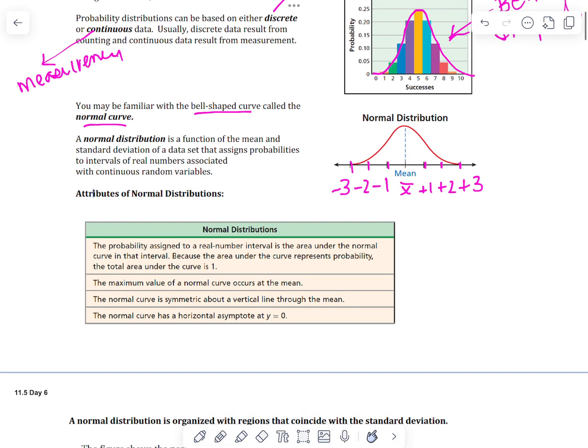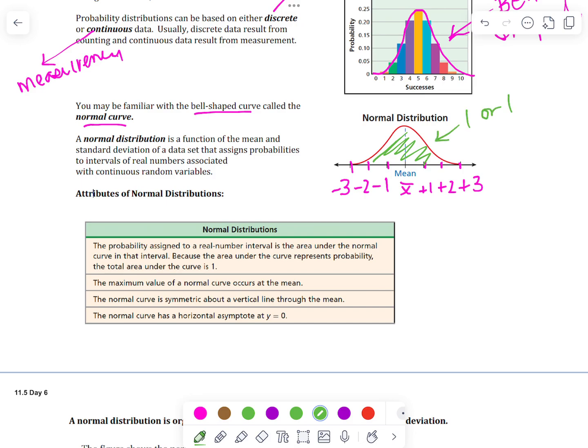And then there are some attributes that make up a normal distribution. The probability assigned to a real number interval is the area under the curve, where the total area is going to be 1, or what we can think of as a percent, 100%.